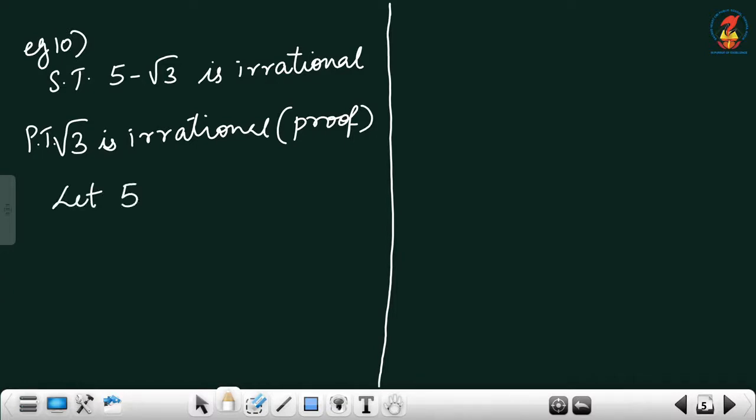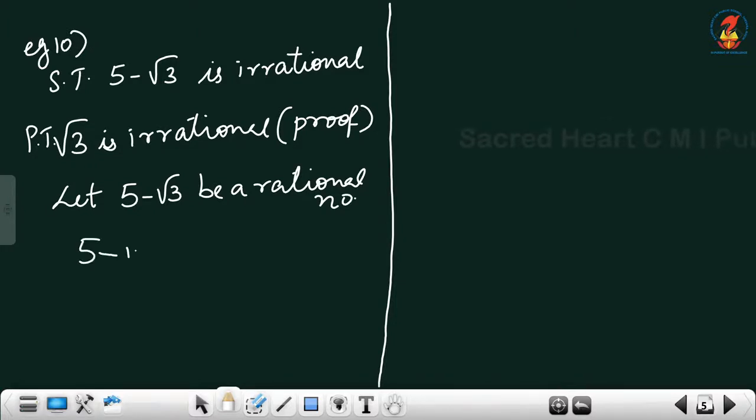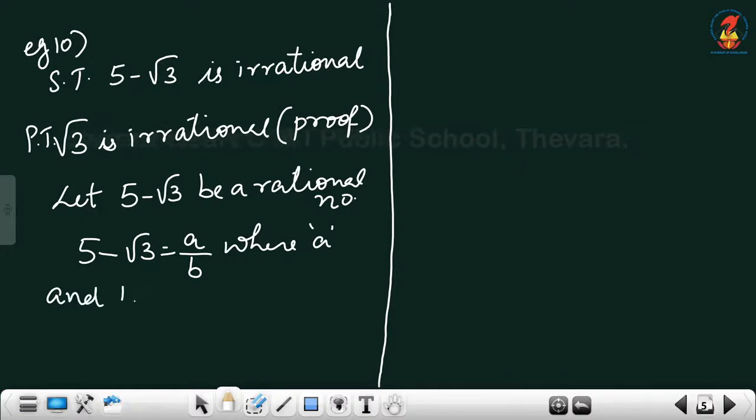Let 5 minus root 3 be a rational number. So we can write 5 minus root 3 is equal to a by b, where a and b are co-prime and b not equal to 0.